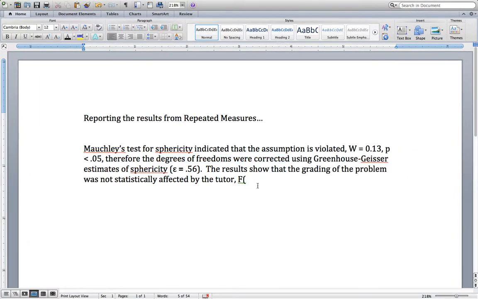The first degrees of freedom that you'll put in here will be the epsilon times k minus 1. So in our situation, this is going to be 0.56 times, there were 4 tutors, so this will be times 3. So this is 1.68.